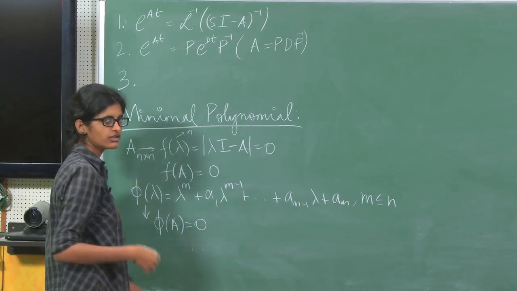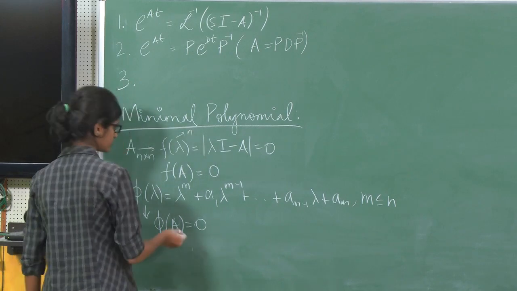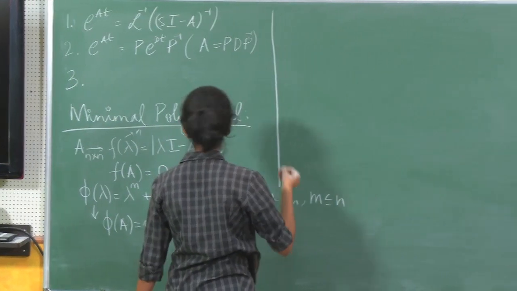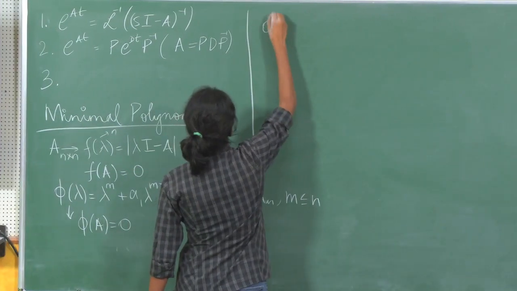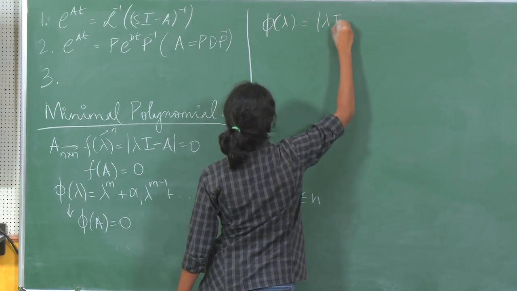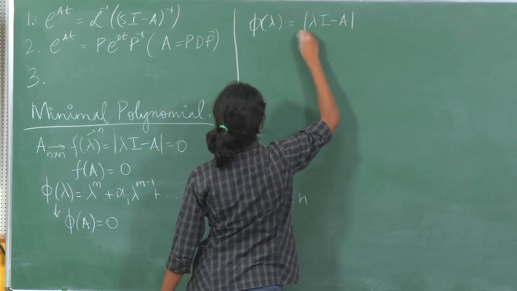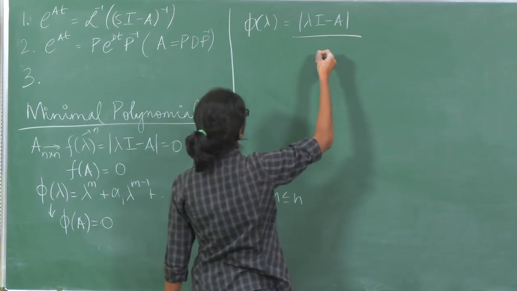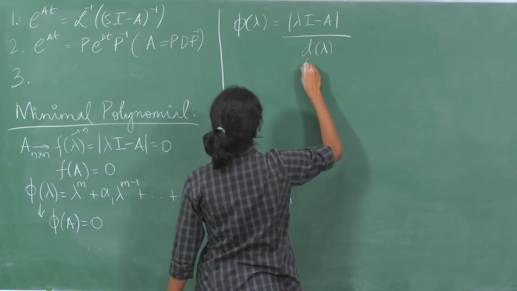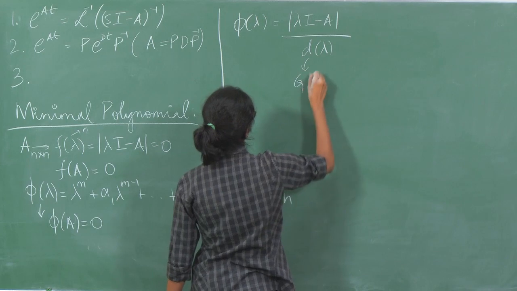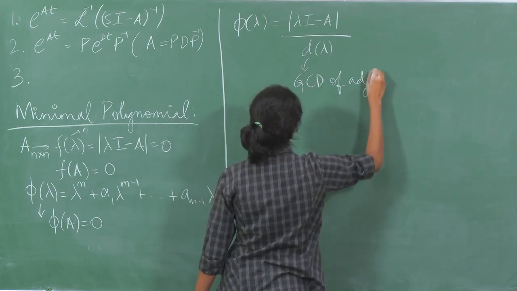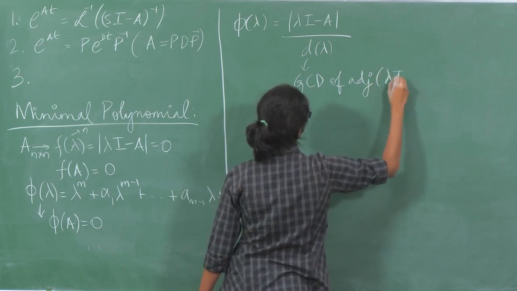Now for all computational purposes we can just use this: phi of lambda equals determinant of lambda I minus A, which is nothing but the characteristic polynomial, divided by some d of lambda. Now this d of lambda is the greatest common divisor of the adjoint of lambda I minus A.